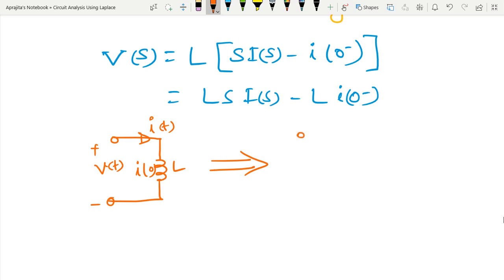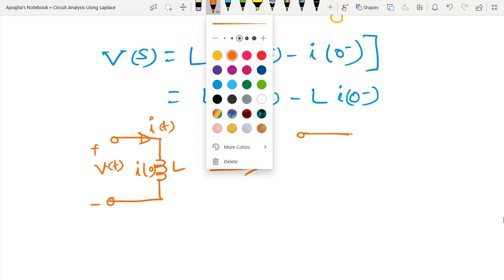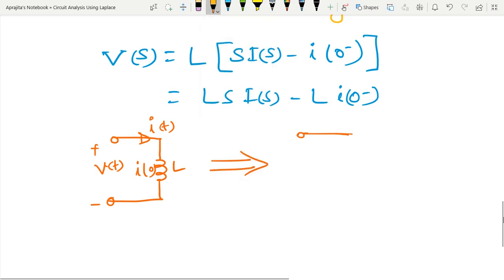In Laplace domain you can see that I have a first term, which is voltage, and if you apply Ohm's law, it is possible to interpret this whole quantity L and s as some kind of resistance, and I(s) as the current through it.